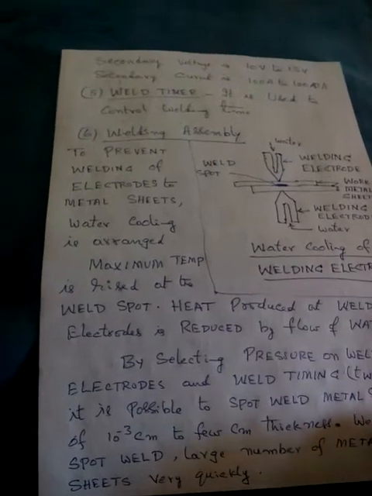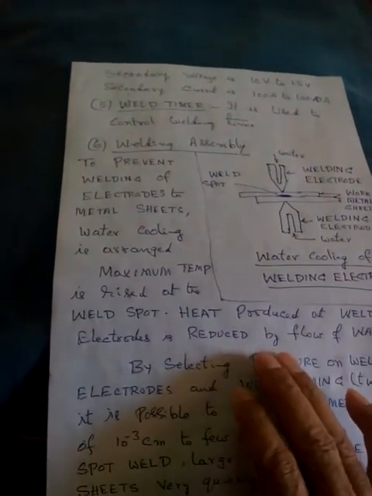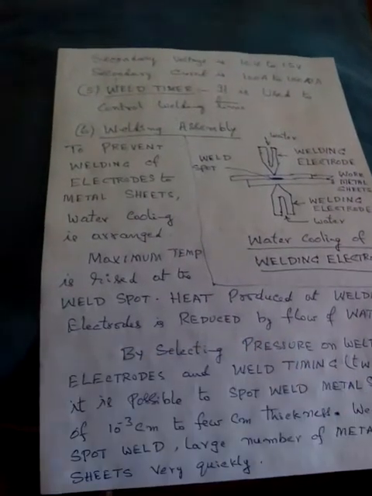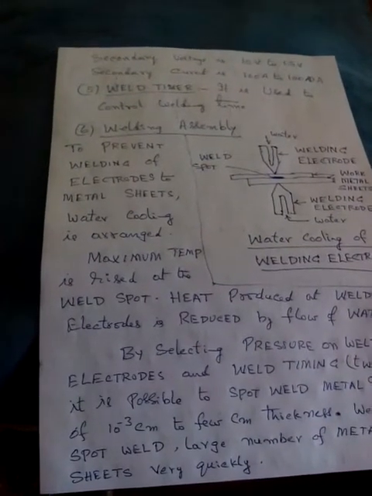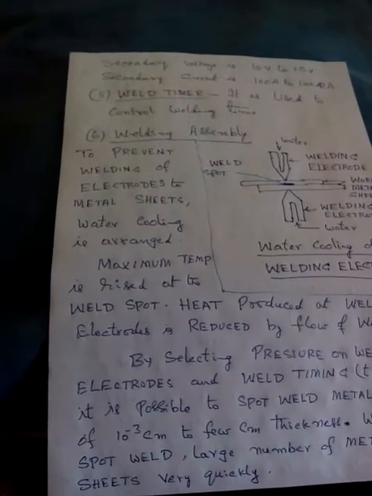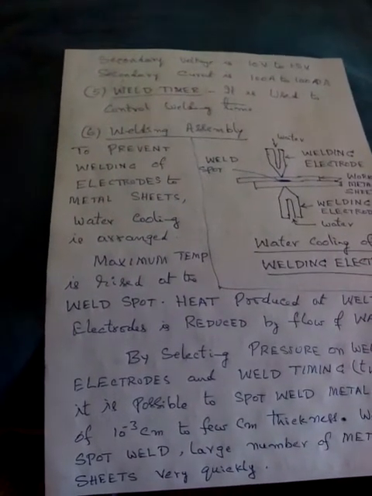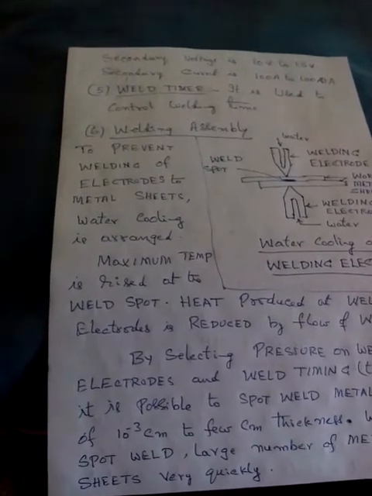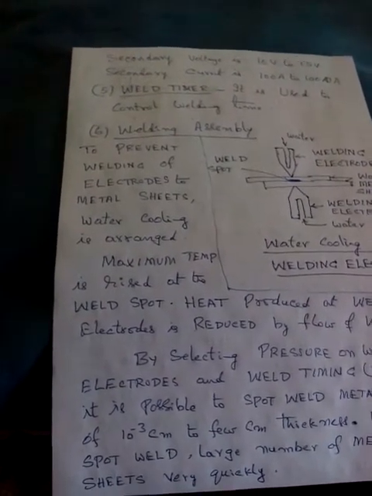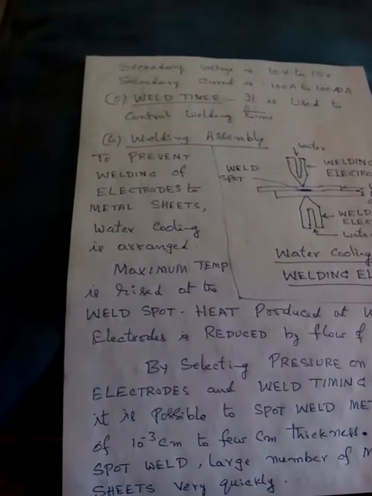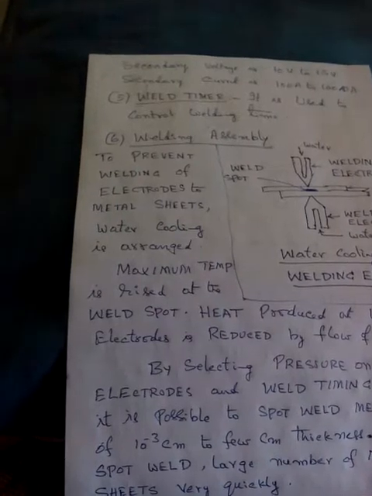Okay, so now you can see this welding assembly, the sixth main part, that is very important, where the secondary of the transformer is connected to welding electrodes to give current and produce heat also.